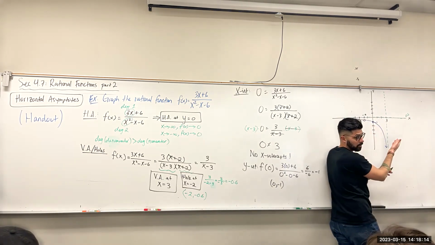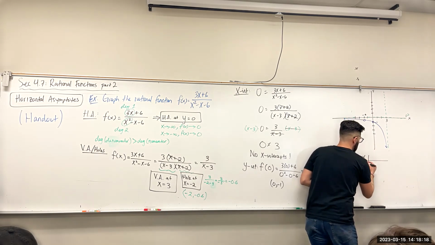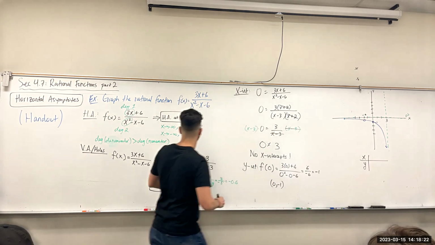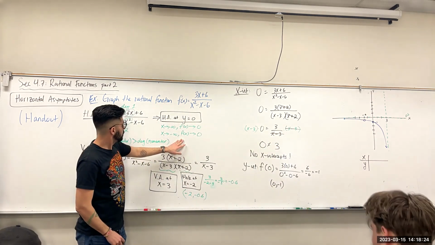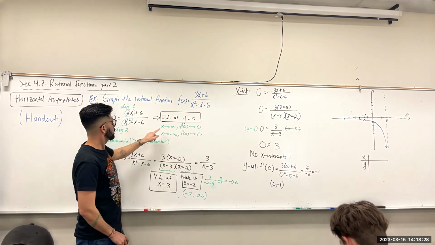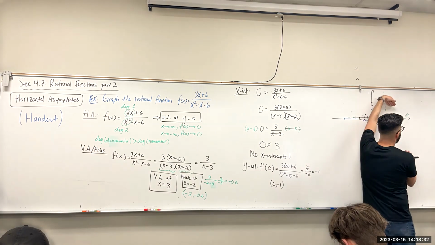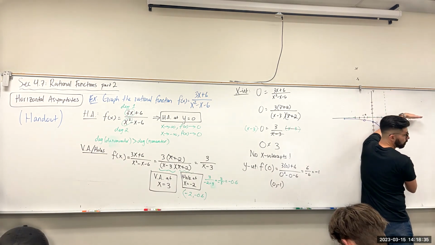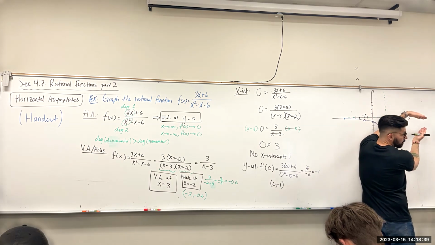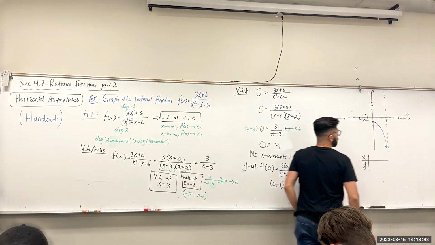So use a test point to help you figure that out. As x goes this way, if it's on the top, it has to approach from the top or from the bottom, we just don't know which one. So we have to use some test values here.